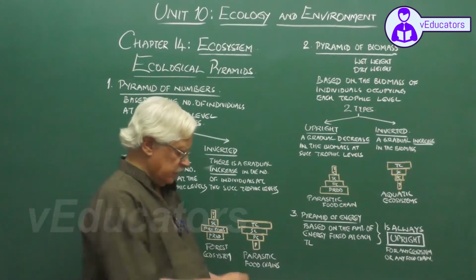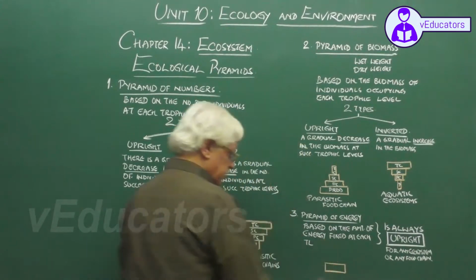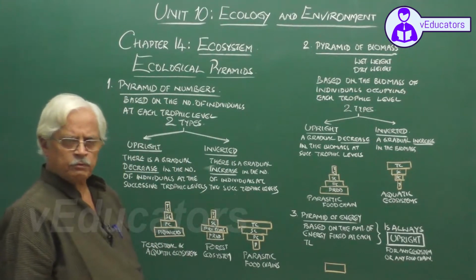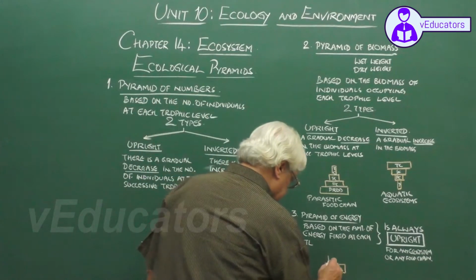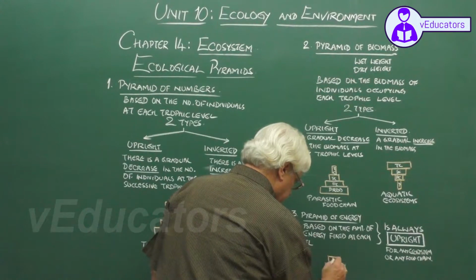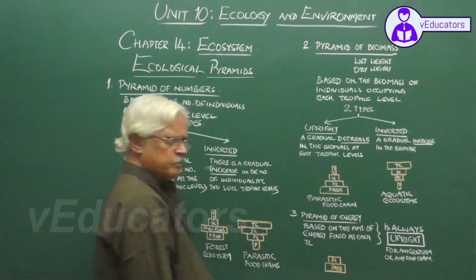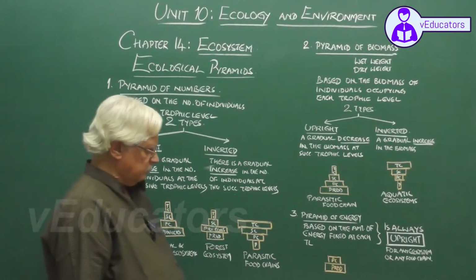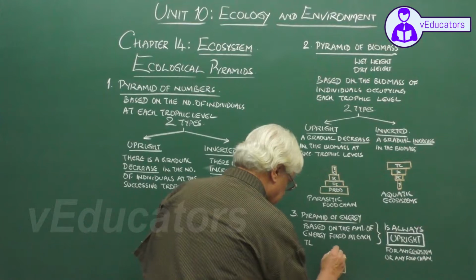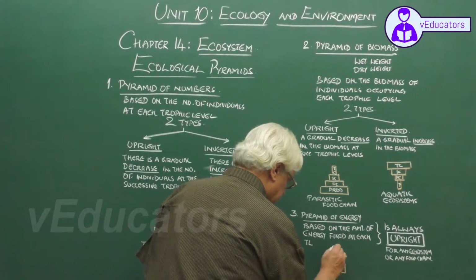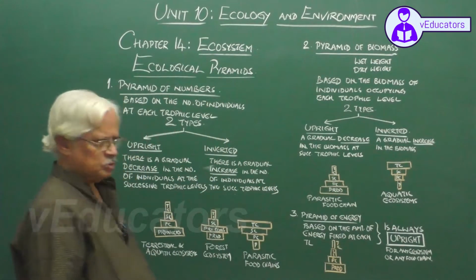So, maximum energy conversion for any ecosystem, for any food chain, is seen in the producers. In terms of energy conversion, the next best efficiency is seen in primary consumers, then secondary consumers, then tertiary consumers.